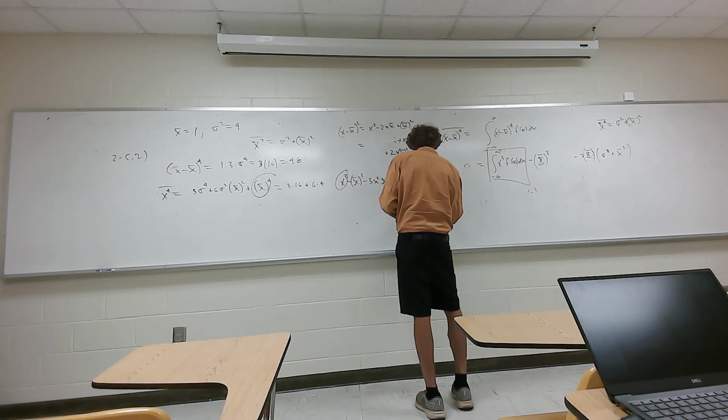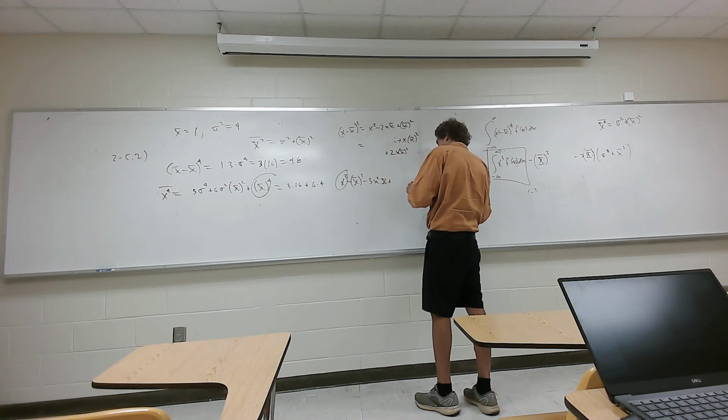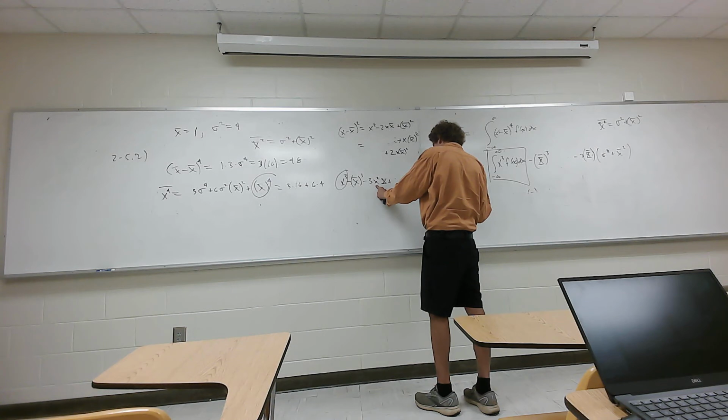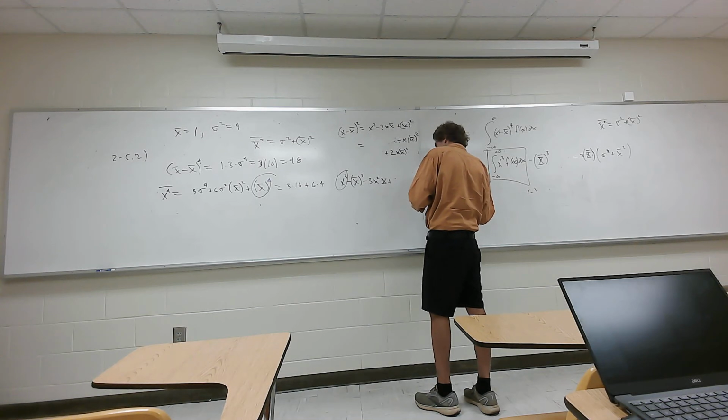It's going to be x bar cubed minus 3 times x bar, which is 1, times x bar, which is 1. And that's x squared, so that should be sigma squared plus the mean value squared.